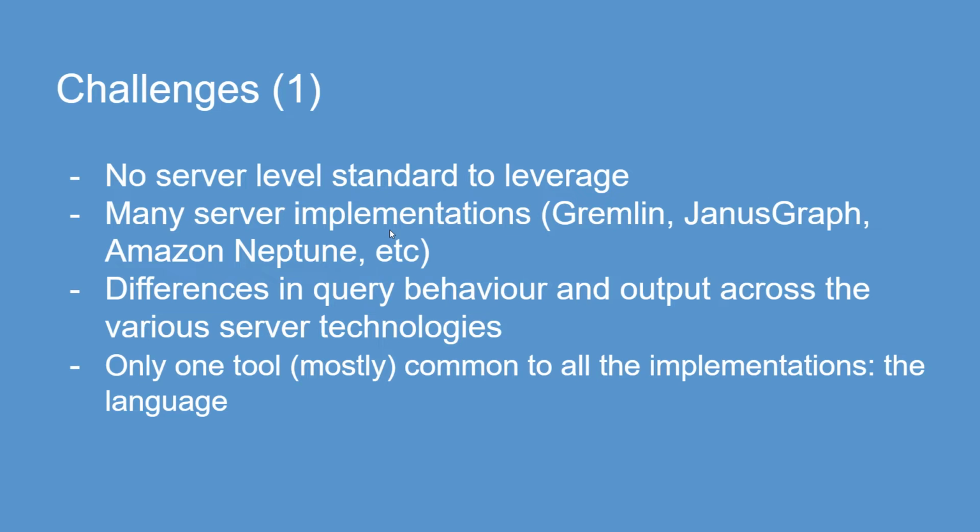Another big challenge was that we've got many different server implementations. G.V is compatible with a whole bunch of Gremlin-compatible servers: Gremlin Server, JanusGraph, Neptune, Azure Cosmos DB, DataStax Enterprise Graph, ArcadeDB. Not all of these behave quite the same.